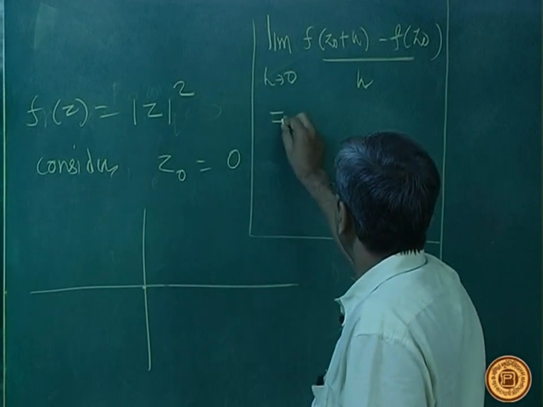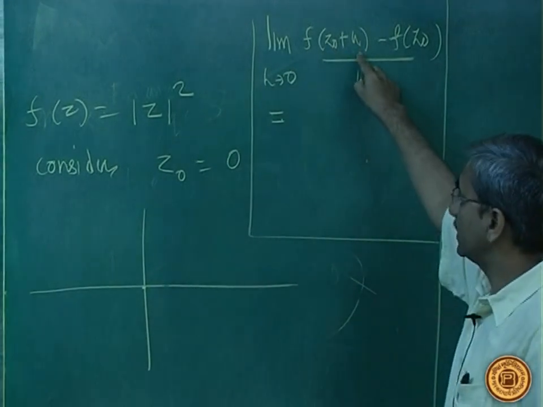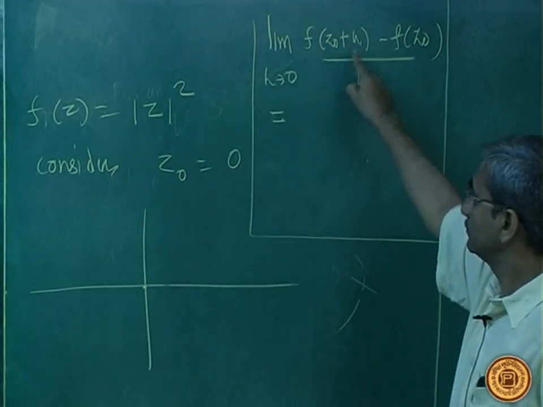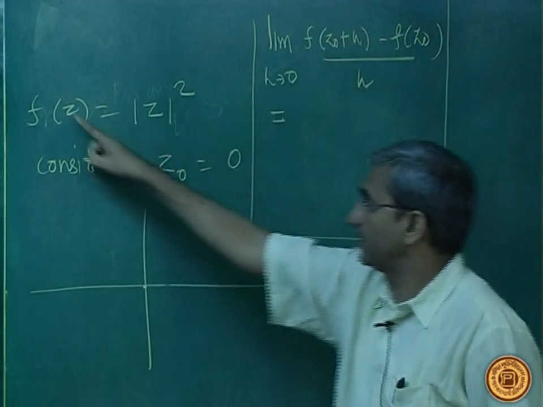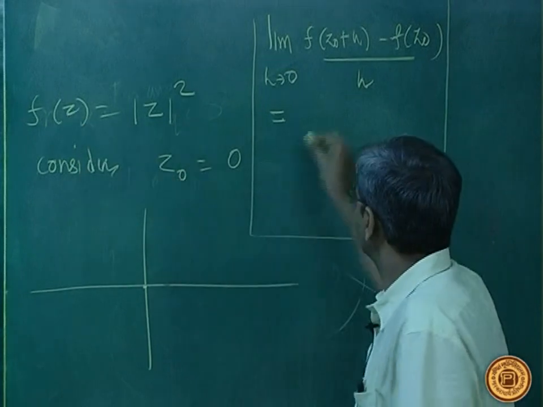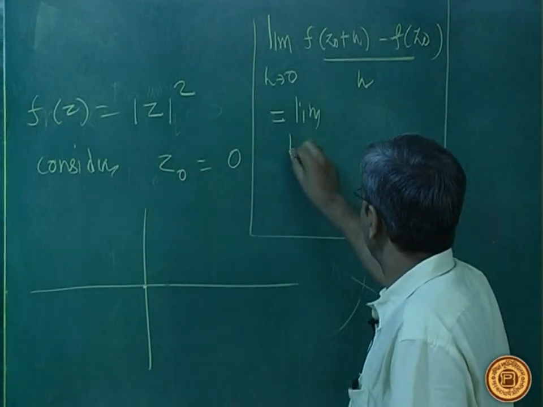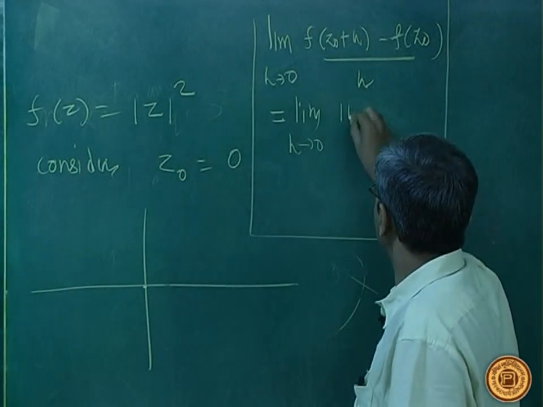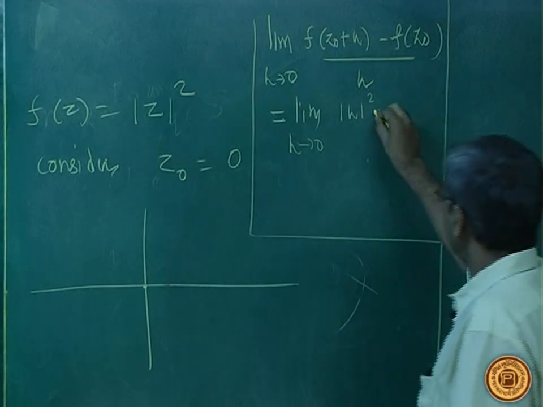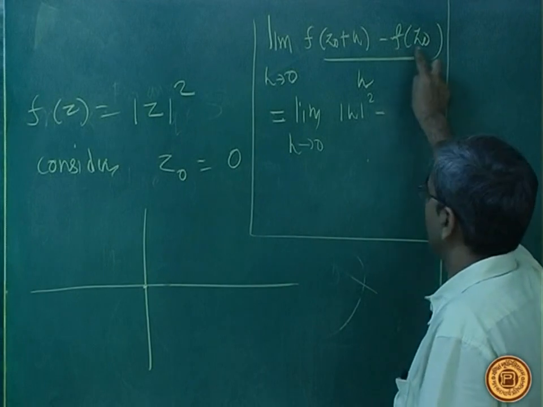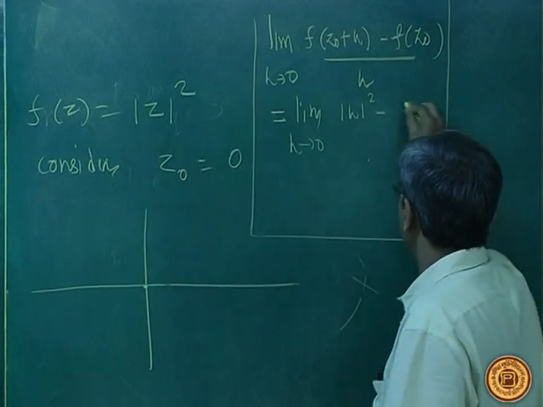This is equal to what? Now, z naught plus h is, z naught is 0, so f of h, but f of h is mod h square. So, limit as h tends to 0 of mod h square minus f of z naught, which is 0, upon h.